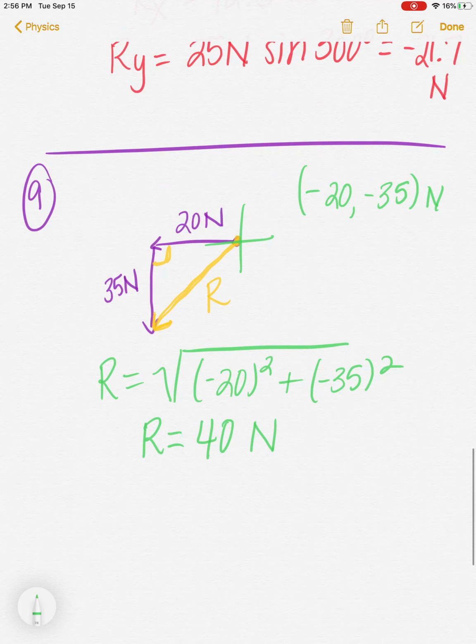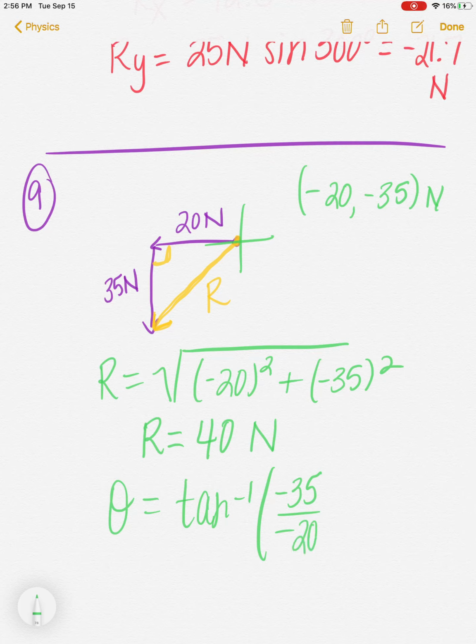Now for theta, my theta should be equal to the inverse tangent of the y value, which is negative 35, over the x value, which is negative 20. So inverse tangent of 35 divided by 20 gives me an angle of 60 degrees. But we have to think about it. 60 degrees would be up here in the first quadrant, and our vector's down here in the third.